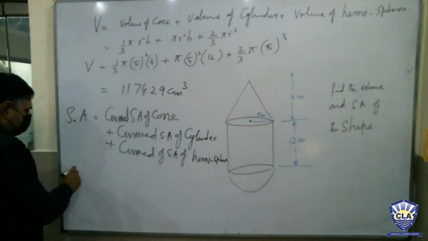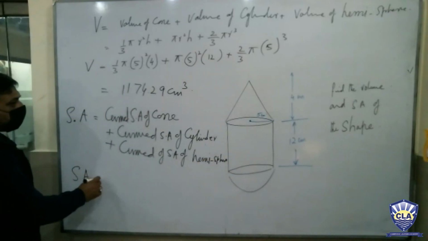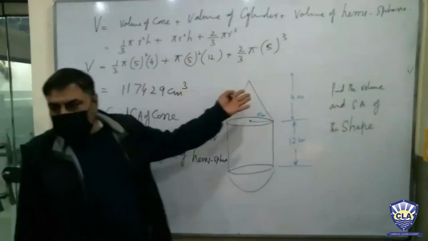So the surface area of the shape is the curved surface area.